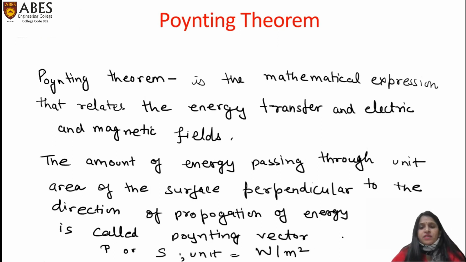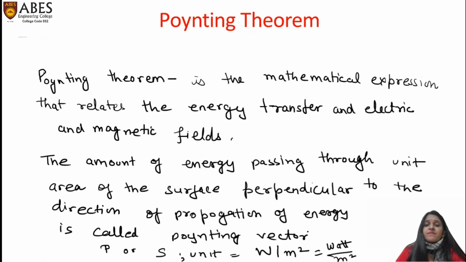So at any point in an electromagnetic field, the product of electric field intensity and magnetic field intensity is a measure of the rate of energy flow at that point, and that is nothing but the Poynting vector.